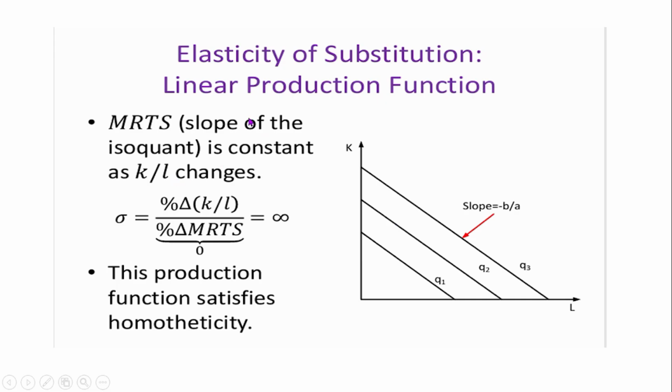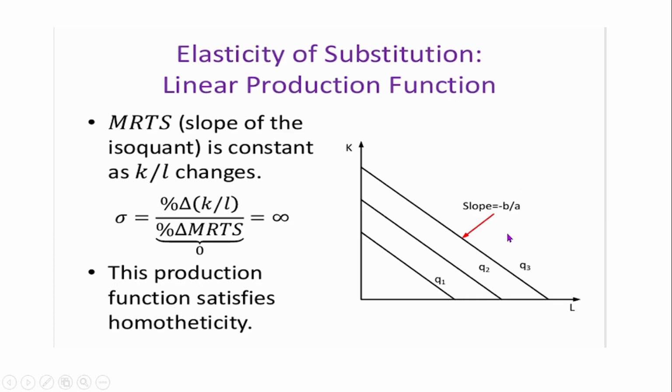Okay, now we want to learn about the sigma. That means what is the elasticity of substitution of this function or of this curve. Here, the isoquant is a straight line, and the slope is minus b divided by a.